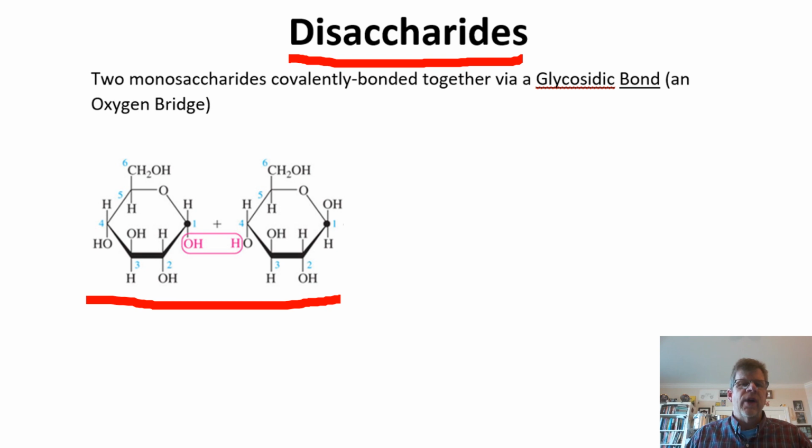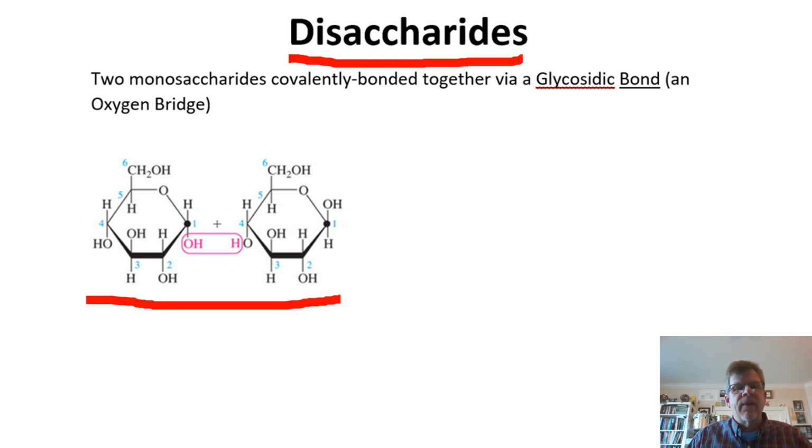When we do this, we sort of push together the anomeric center of the monosaccharide on the left with the 4 carbon, in this case, of the monosaccharide on the right. And each of them happens to have a hydroxyl on there. So if we look at the nature of these hydroxyls, how we form a bond from there, ultimately we extrude water from it, and I'll show you right here.